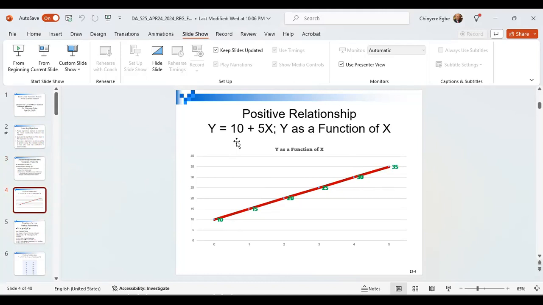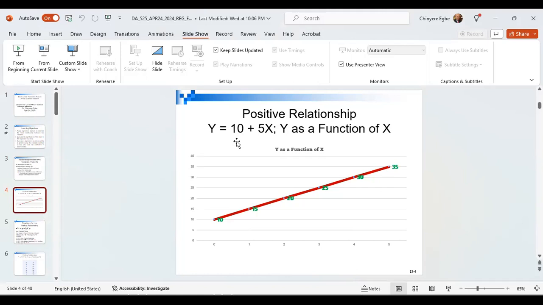In this equation, A is a constant, which means when x is 0, y is equal to A. So the values of y depend on the values of x. The relationship will be positive.